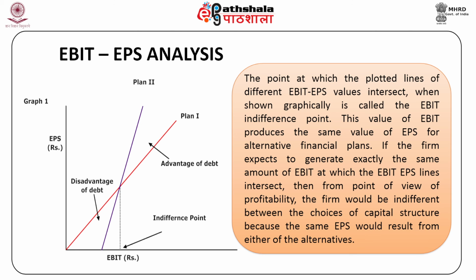This value of EBIT produces the same value of EPS for alternative financial plans. If the firm expects to generate exactly the same amount of EBIT at which the EBIT-EPS lines intersect, then from the point of view of profitability, the firm would be indifferent between the choices of capital structure because the same EPS would result from either of the alternatives.